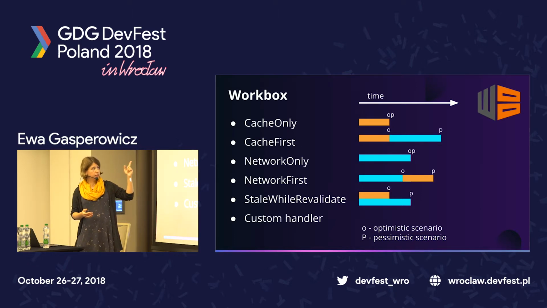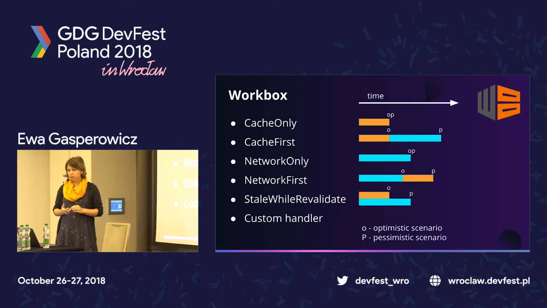Cache first means that the orange bar, it's like when the logic goes to the cache first and checks. If it's there, that's the optimistic scenario, it goes to the page fast, but if not, only then it starts going to the network. So it's actually longer than the network only scenario. So you also can take into account here things like what type of user you usually have, or if your analytics tell you what kind of bandwidth usually your users are using.